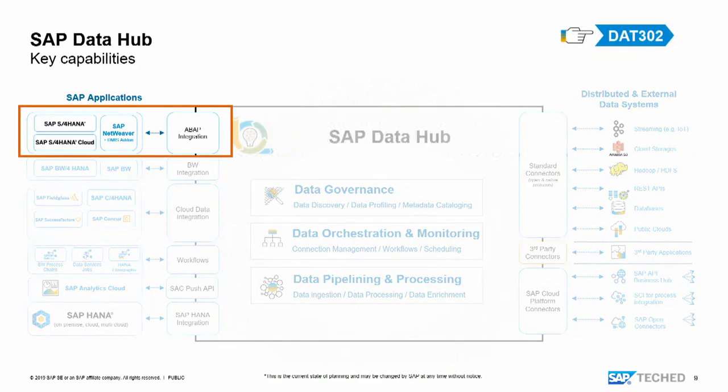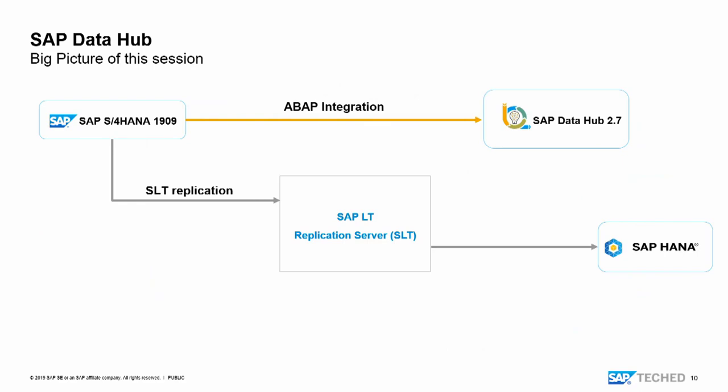This session now focuses on the upper left corner, ABAP Integration, so any interaction that deals with S/4 systems, especially in focus today, but also ERP systems or BW systems. And as I mentioned SLT in the beginning, let me spend another minute clarifying how things come together.